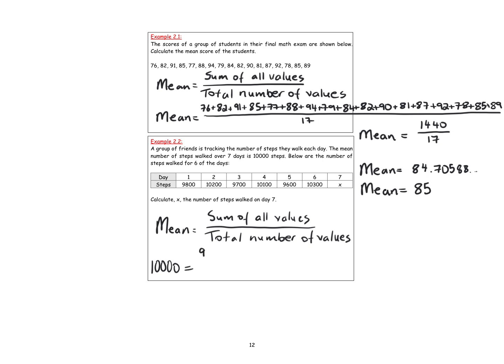So we have 9,800 plus 10,200 plus 9,700 plus 10,100 plus 9,600 plus 10,300 plus X. All of that is then over the total number of values, and here it's over a 7-day period, so the total number of values is 7.